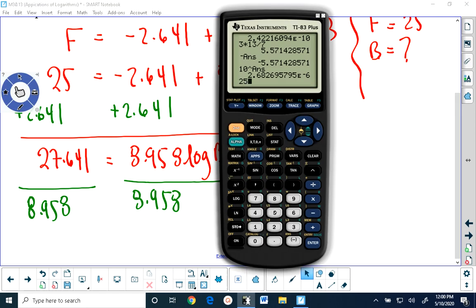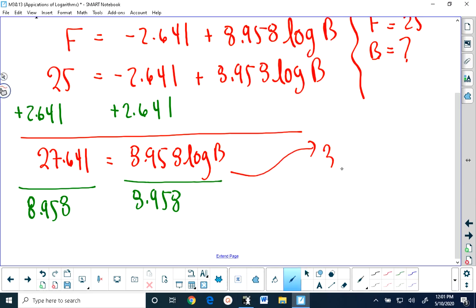So we had 25, we added the 2.641. Then we have to divide by the 8.958, and we get 3.0856. And this is equal to the log of the number of butterflies.